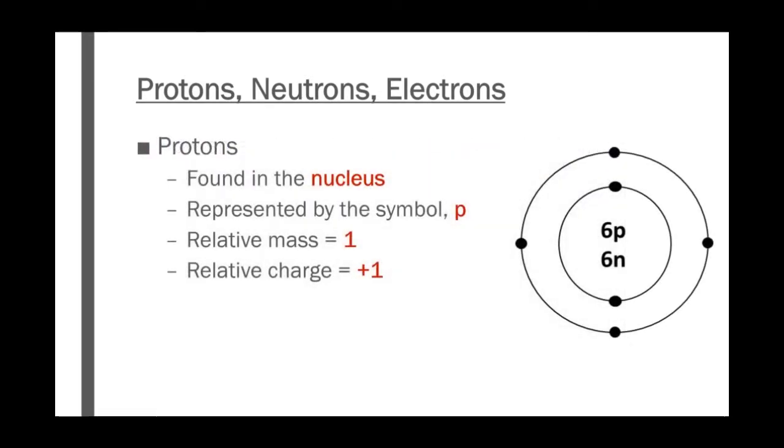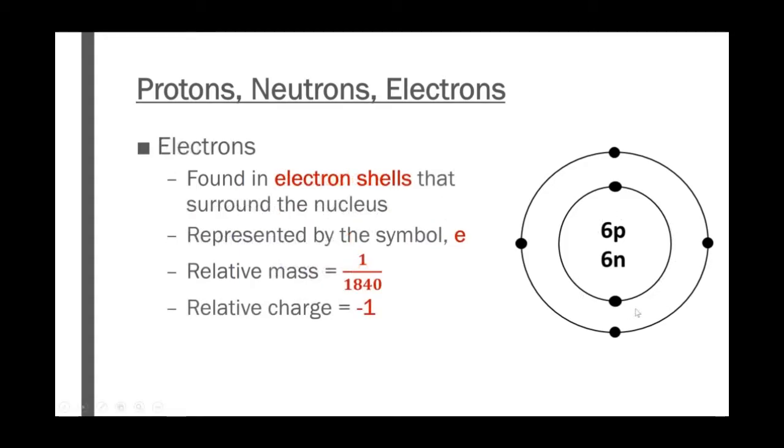We usually represent it by the symbol P, and it has a relative mass of 1 and a relative charge of positive 1. Your neutrons are also found in the nucleus. We represent it by the symbol N, and it has a relative mass of 1, but you will notice that the relative charge of a neutron is 0. So your neutrons are neutral in charge.